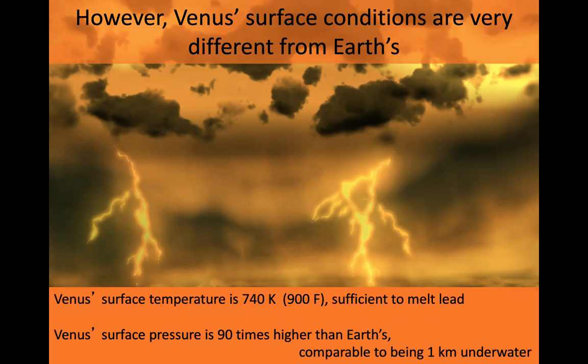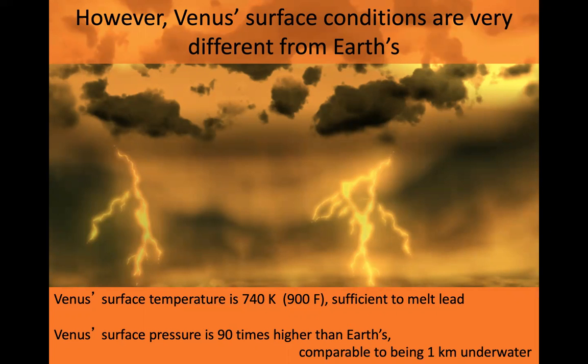So if you want a spacecraft to work on Venus, it has to basically be able to cope with being put at the bottom of the ocean and set on fire. Not to mention there's sulfuric acid on Venus.